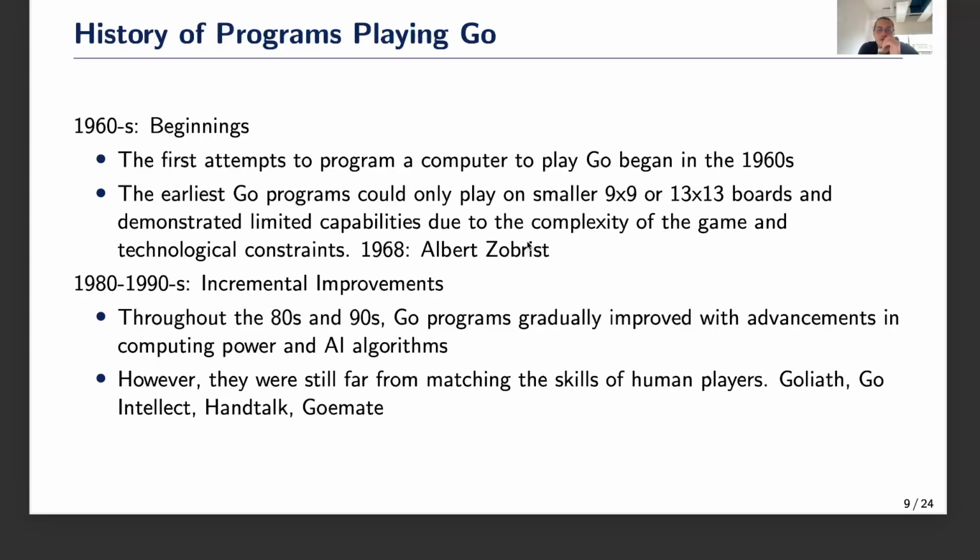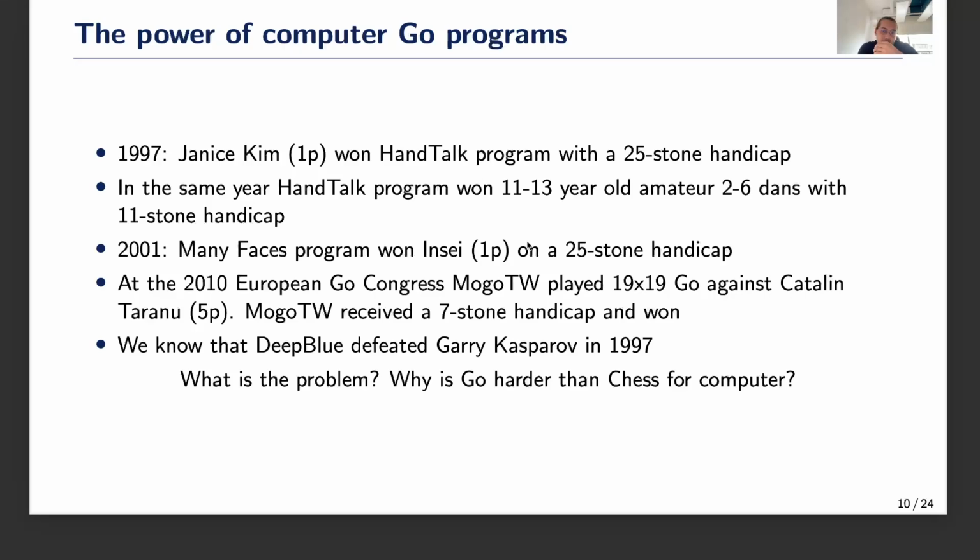And by 2006 and 2010, these MCTS based programs reached dan level strength, so it's a competitive amateur level.